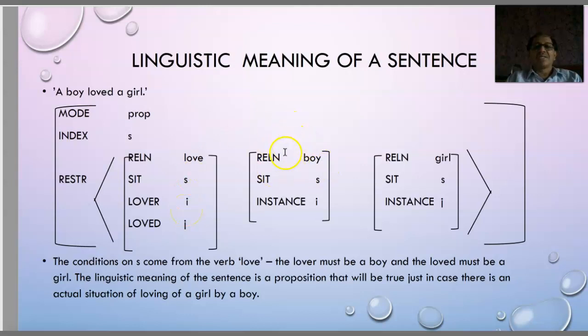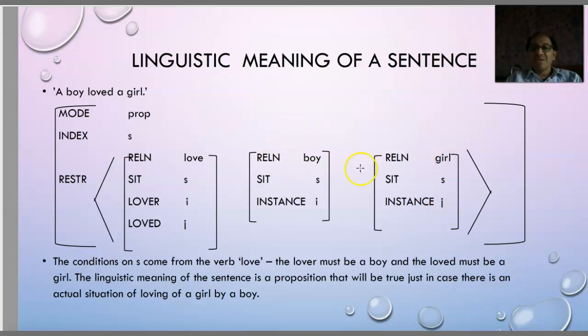Now look at boy. The word boy occurs in a situation. What is the situation here? The situation S, the love. And there is one instance of the boy. I is the boy. And another noun, girl, occurs in the situation S, and that instance is J. So J is the girl.